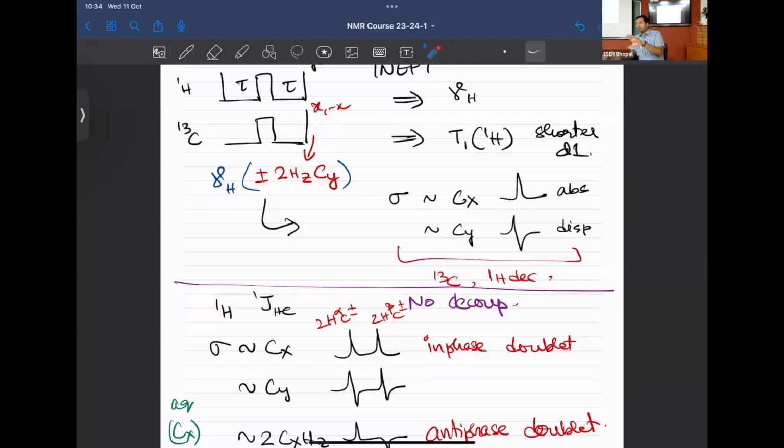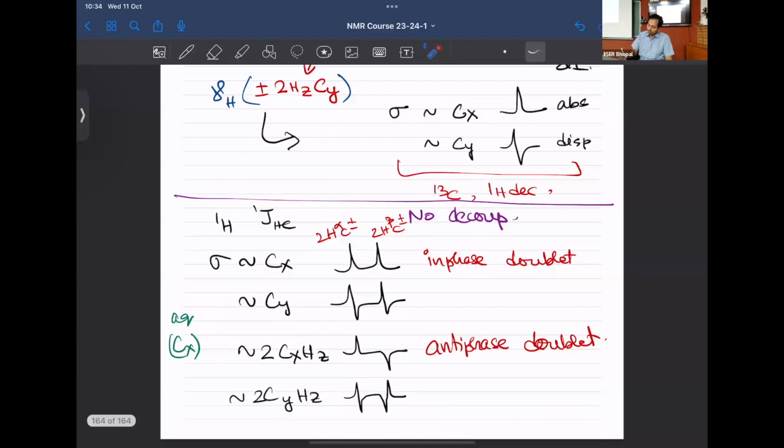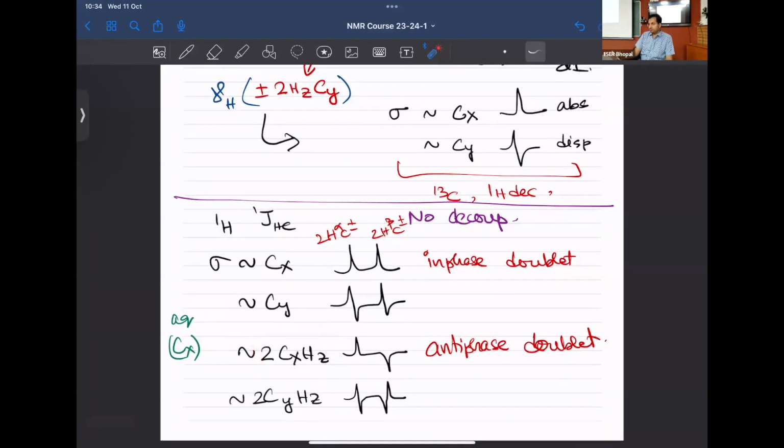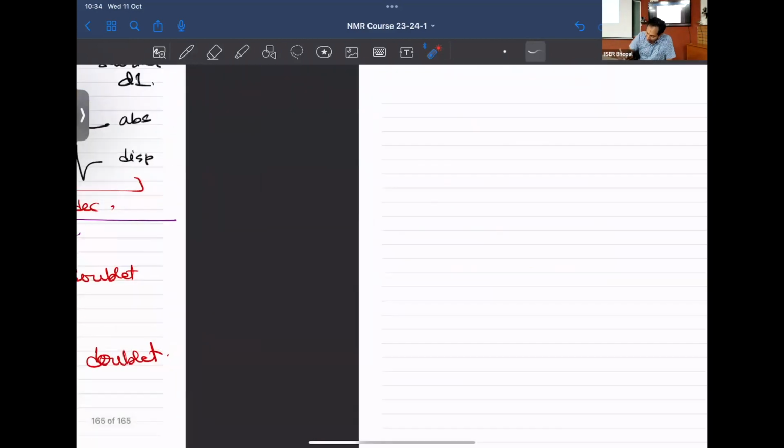I'll come to one other disadvantage for the tau delay, but let's just start with one. One of the major ones is that you have an antiphase term. Let's try to avoid that. How would you avoid that antiphase term?